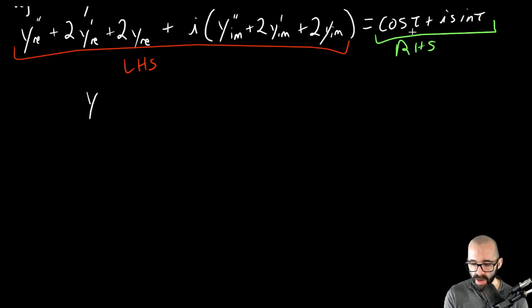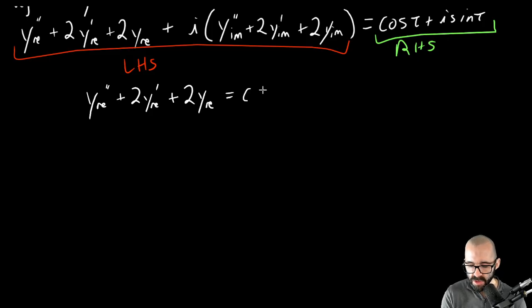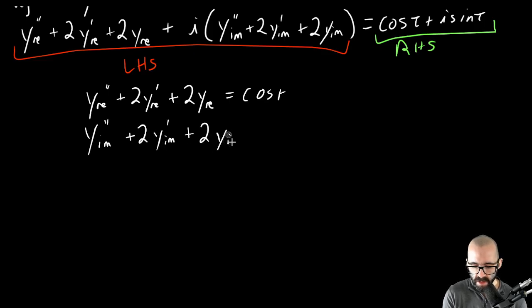We know that the real part must equal the real part. So we know the real part y double prime plus 2y real part prime plus 2 times the real part of y needs to equal the real part of this, which is just cosine of t. And we know the same thing holds for the imaginary parts. That must equal the imaginary part here, and the imaginary part from Euler's formula is just sine of t.